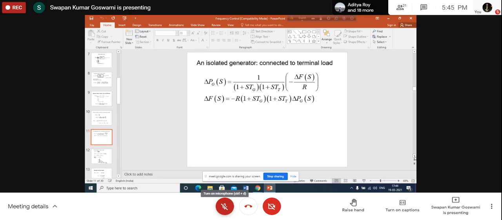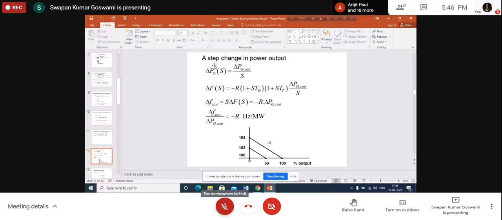Now, let us again try to understand. Say we have given a step change in power output because you will be connecting some load, and say that load is basically a physical load. So some load was connected by the application of a switch. A switch was previously open, now we have closed the switch. For simplification, say that the load was equal to the full load capacity of the generator. That means initially the generator was supplying no load, output was 0.